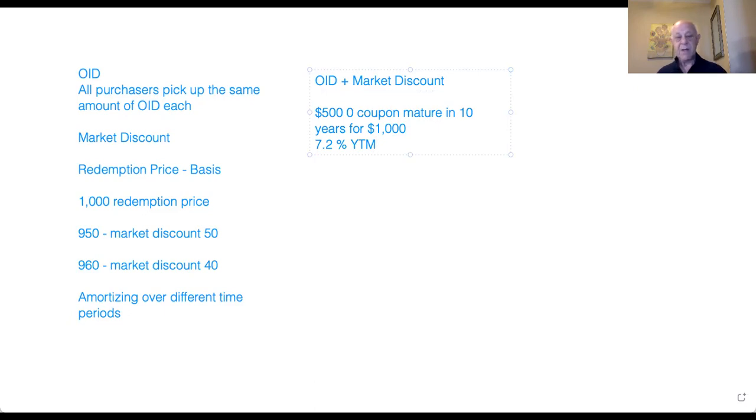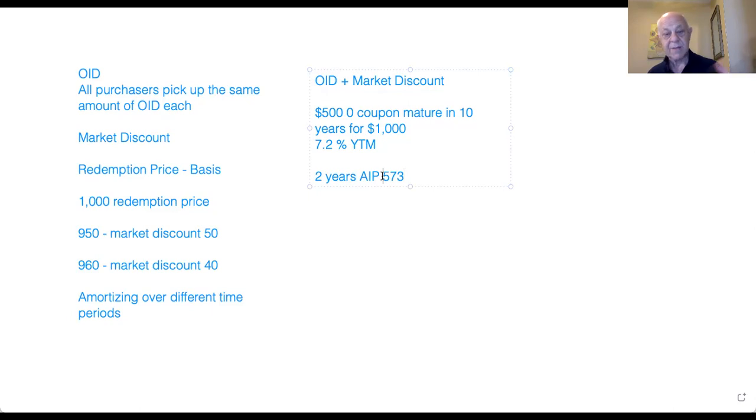So let's assume 2 years goes by and we're picking up, in the first year, about $36 of income. In the second year, we're picking up $37 of income. So let's assume that after 2 years, the adjusted issue price is $573. Right?